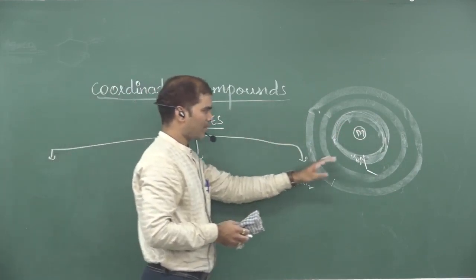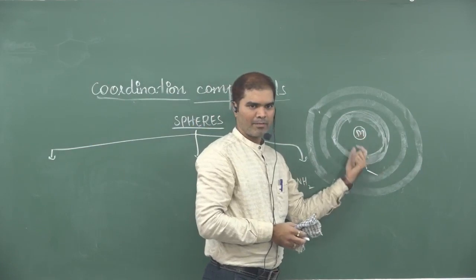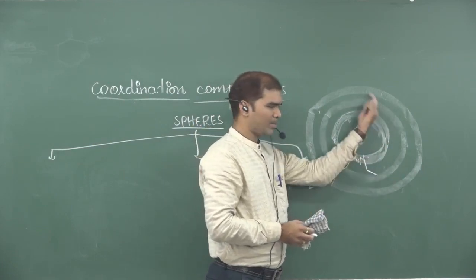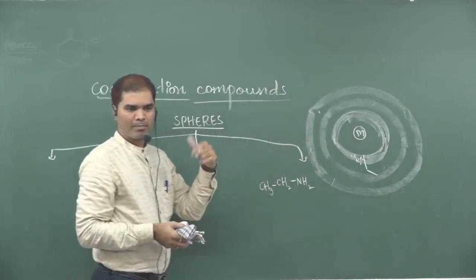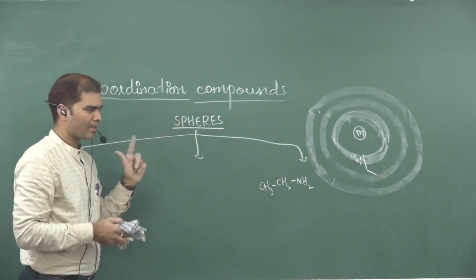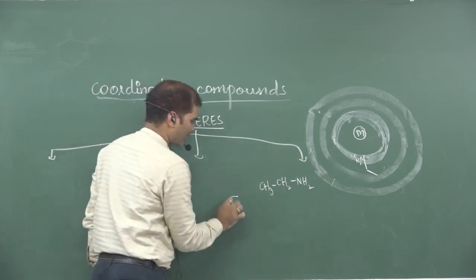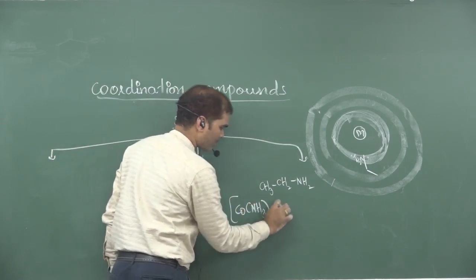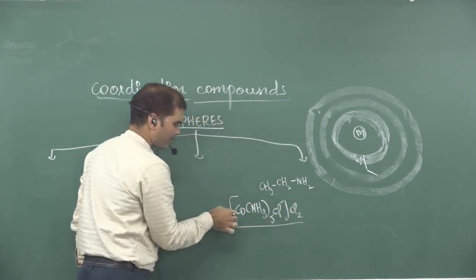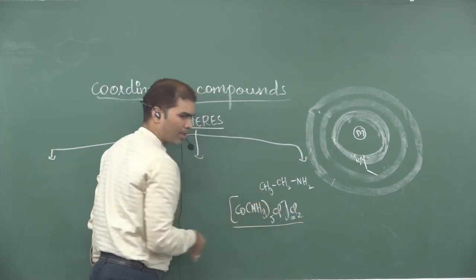But if the ligand itself is a group which is having a chain, then that chain will also surround the metal atom. That you call it as a secondary coordination sphere. Primary and secondary coordination sphere. Suppose that the metal atom, I am taking this example. There are ligands and also there are some counter ions.